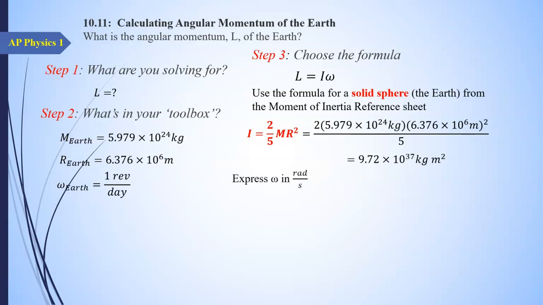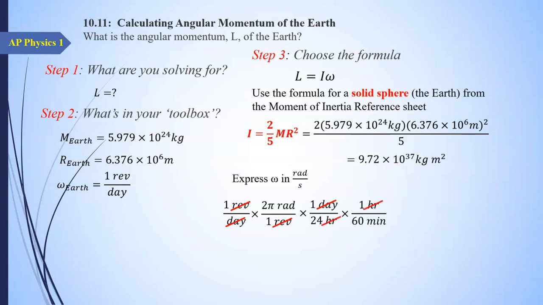Now we have to take omega, and this is a little messy, and express it in radians per second. So you take 1 revolution per day. That's the angular velocity. You multiply that by 2 pi radians for every 1 revolution. That's true for any circle. The revolutions cancel. Now you multiply, there's 1 day for every 24 hours. So now days cancel. There's 1 hour for every 60 minutes.